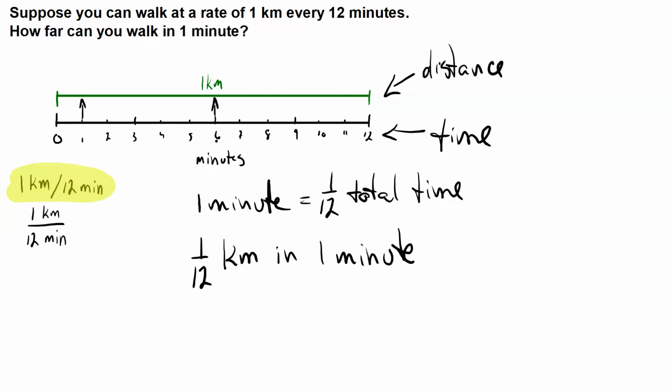Over on the side here, you can see that I wrote the rate in the way we typically do it, where we put 1 kilometer with a slash and then 12 minutes. So 1 kilometer in 12 minutes. But if you go a little bit further, and keep in mind that it's like a division problem, and you put them one right on top of the other, then you start to see you've now got a fraction here that says 1/12. And in fact, it says 1/12 of a kilometer per minute.